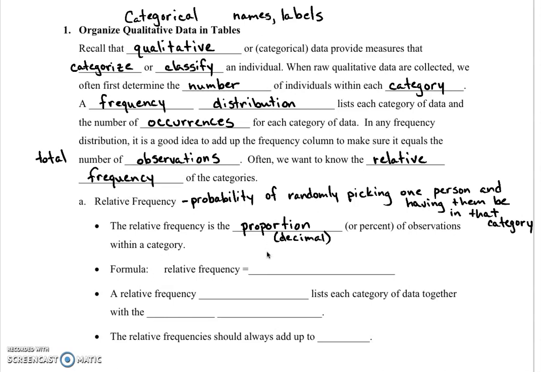And the formula for that is the number of observations in the category divided by the total number of observations.